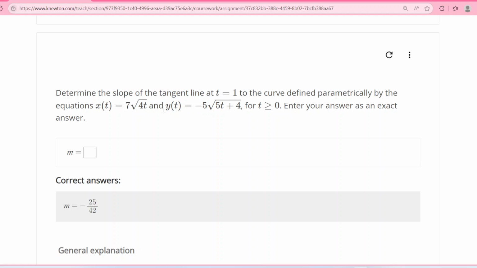And of course, these are for values of t greater than or equal to 0, so that you have real number x's and real number y's.